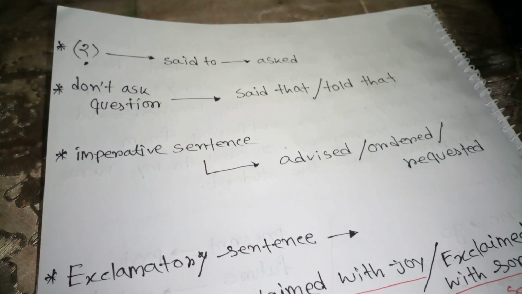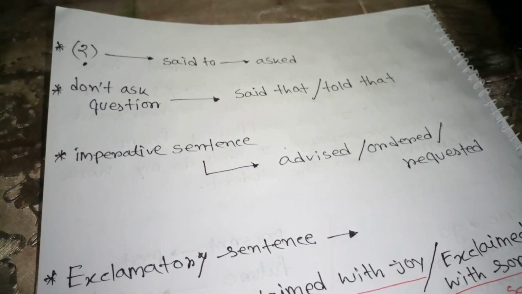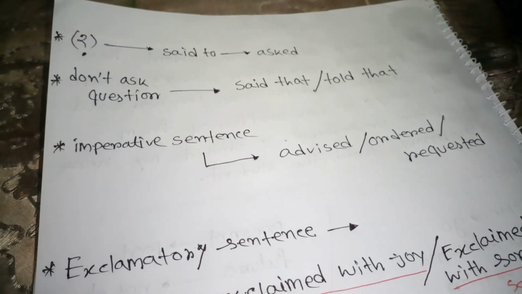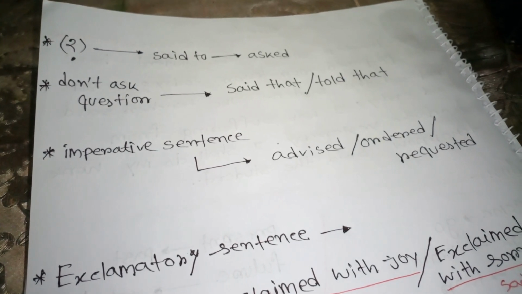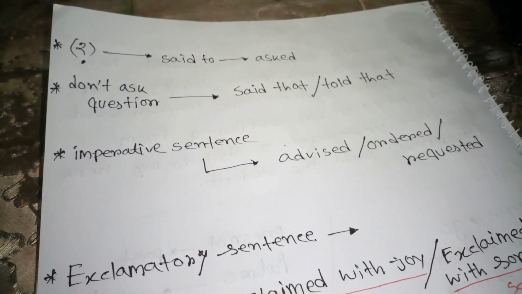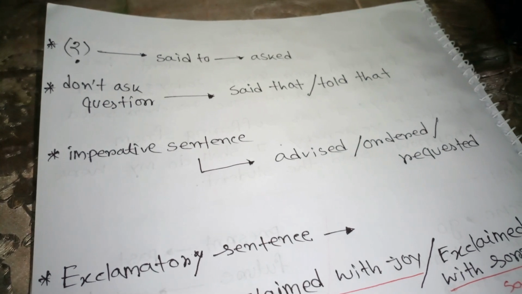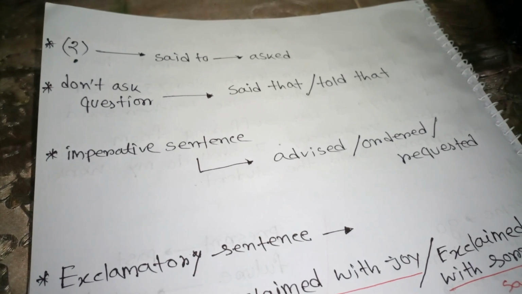And these verbs depend on the meaning of the line. If someone advised, you can use advised, or if anyone orders, you have to use ordered, and also you can use requested. And whenever the line starts with a verb, whenever you change the sentence, you have to add the preposition "to," and then you have to use verb one.